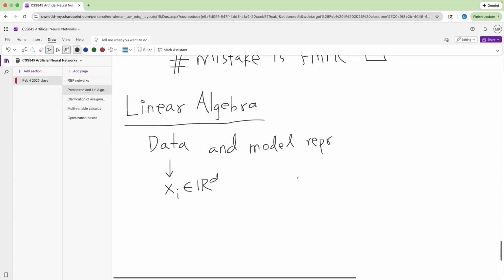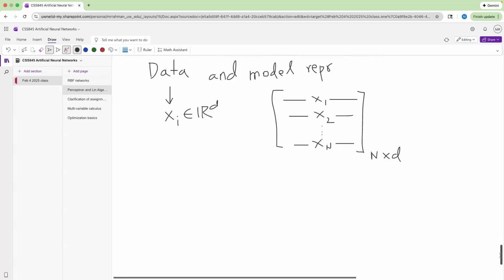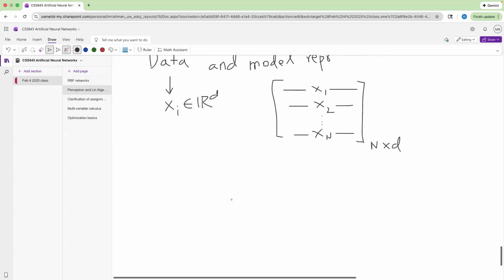And we've seen that we can also stack our inputs into a matrix like this, and this becomes an n by d matrix.